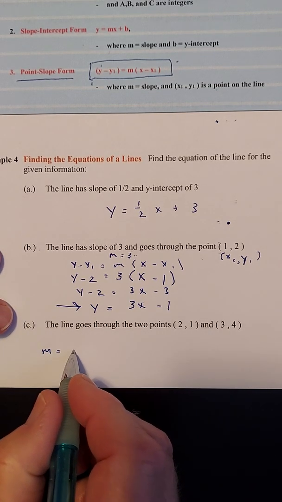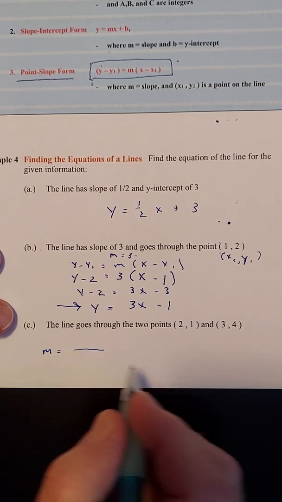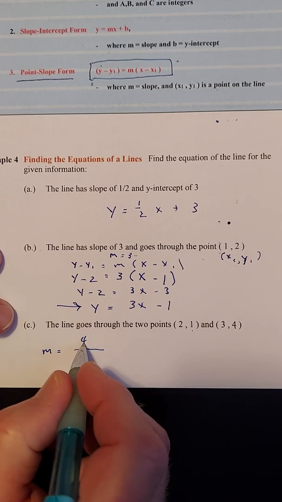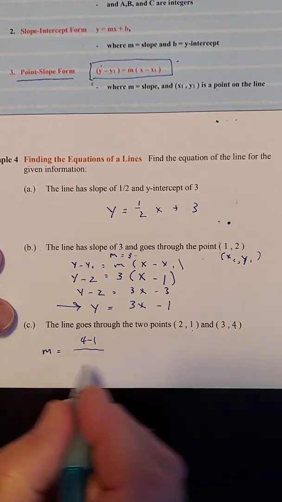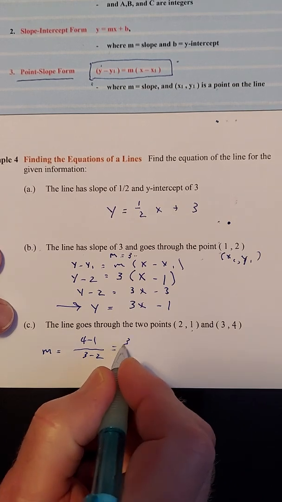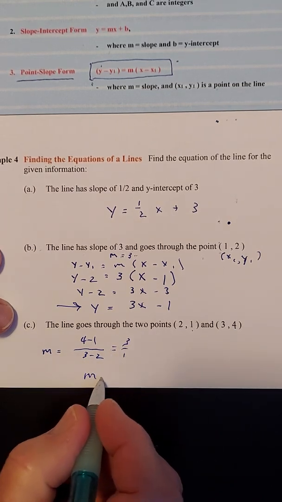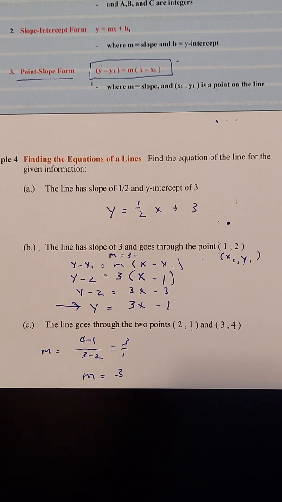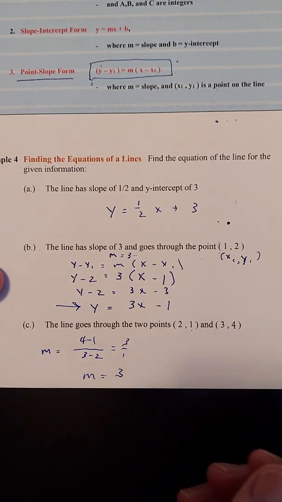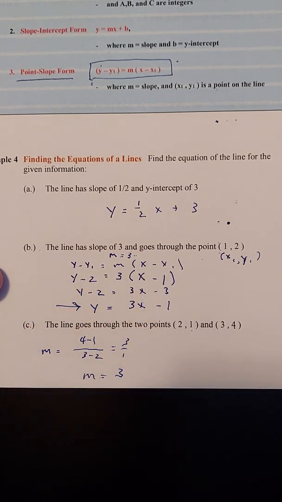So remember the slope, it's y2 minus y1 over x2 minus x1. That's 4 minus 1 on the top, and 3 minus 2 on the bottom. So that's going to be 3 over 1, so m is equal to 3. Once you get to this point, you've got the slope, and you could use either one of those points like I did in example B up here.